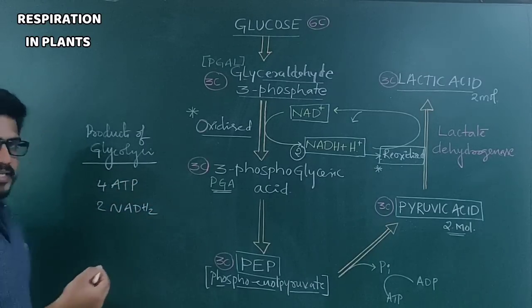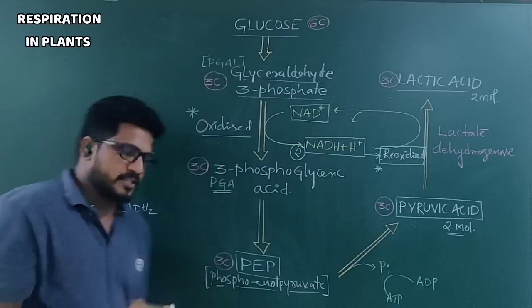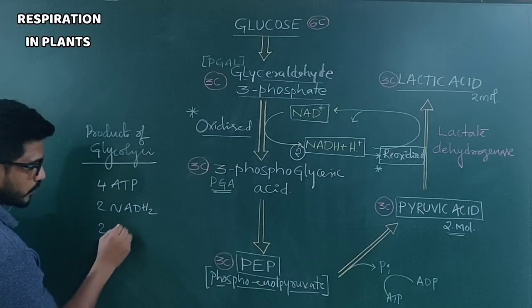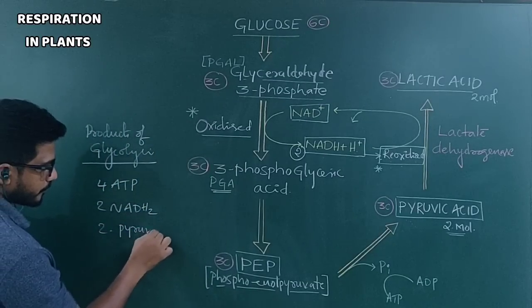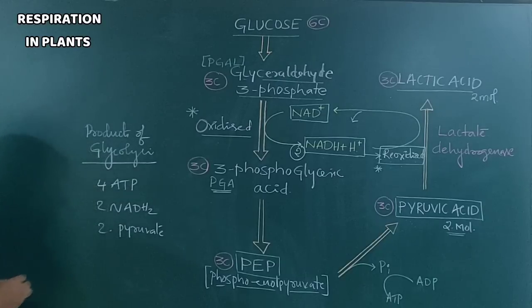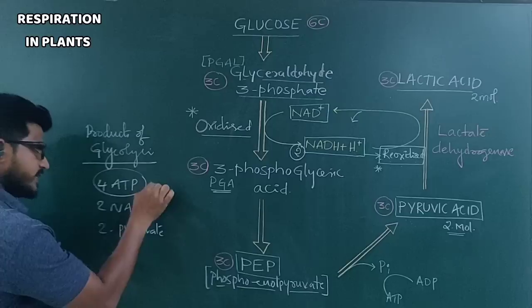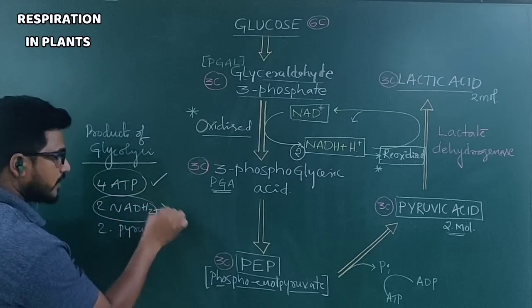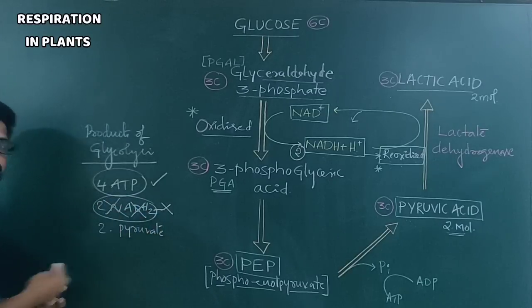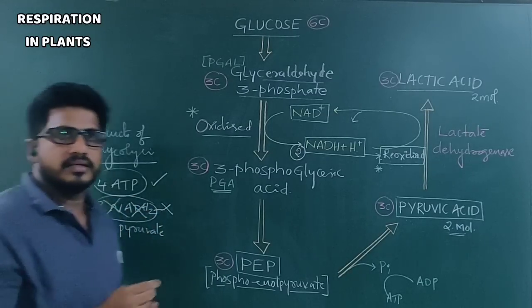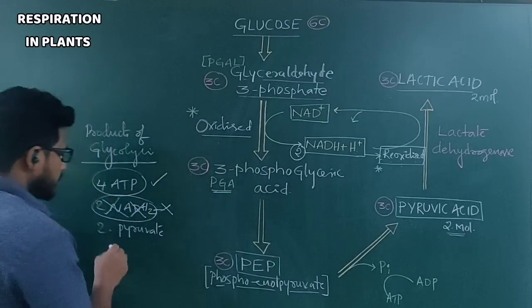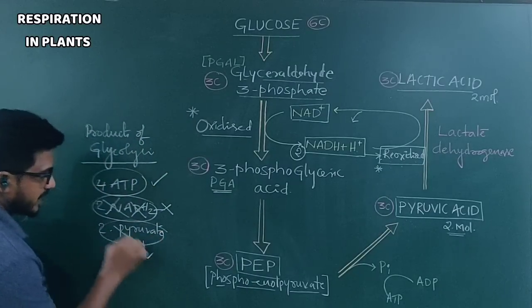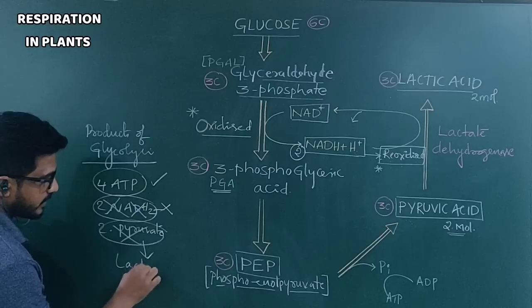It can also be written as 2 NADH plus H plus and 2 pyruvate molecules. Right? 4 ATP is staying. 2 NADH2s are utilized, so NADH2 is not there in case of anaerobic respiration. This pyruvate molecule becomes lactic acid, so it is also not there. Lactic acid.